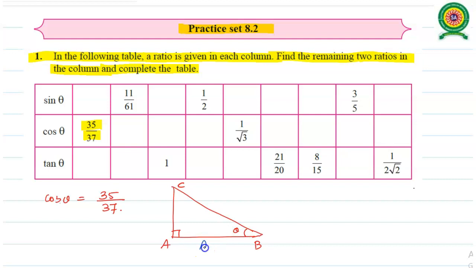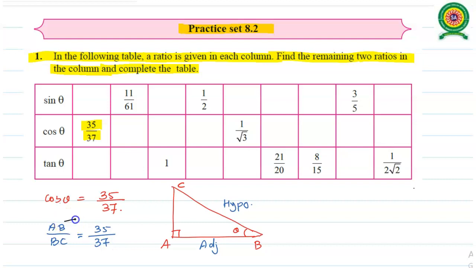With respect to θ, the adjacent side is AB and the hypotenuse is BC. So cos θ = AB/BC, which equals 35/37.